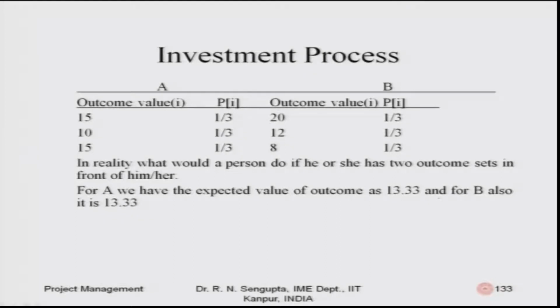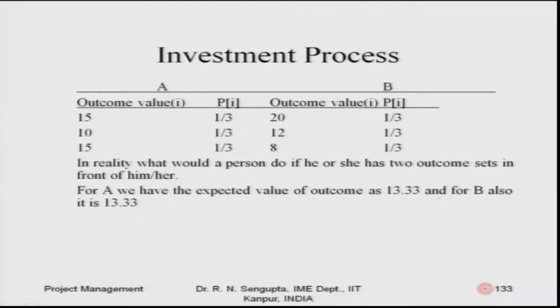The first 2 columns are specific to machine A, and the third and fourth columns are specific to machine B. In reality, what would the person do if he or she has 2 outcome sets in front of them?